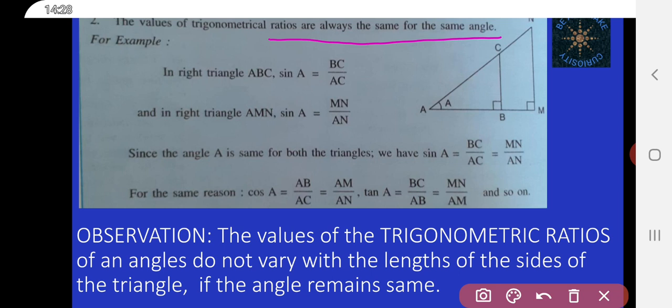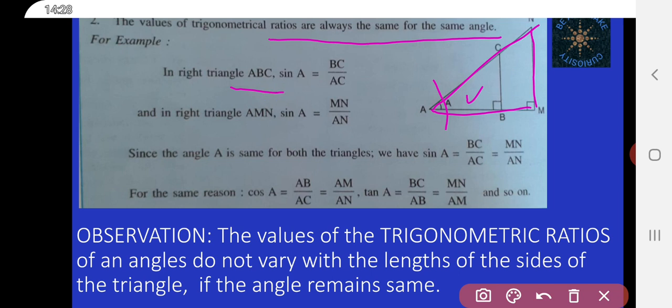Okay, so here you see, here two right angle triangles are here, ABC, one right angle triangle, and another is AMN, a right angle triangle, but angle is common here, A. So see, in right angle ABC, sin A is equal to what?